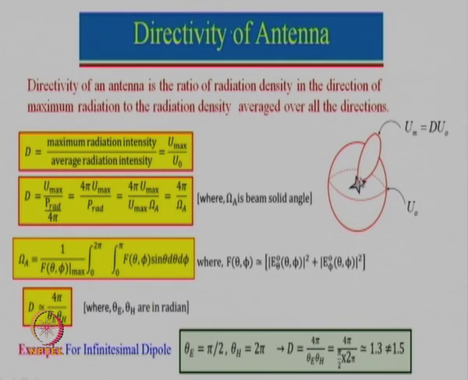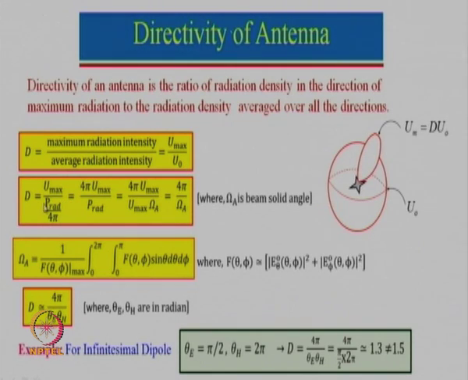For example, what is the radiation density in this direction, divided by what it would be if it had radiated over the sphere. That is how we define directivity, and it is given by maximum radiation intensity divided by average radiation intensity, which is for, let us say, an isotropic antenna.